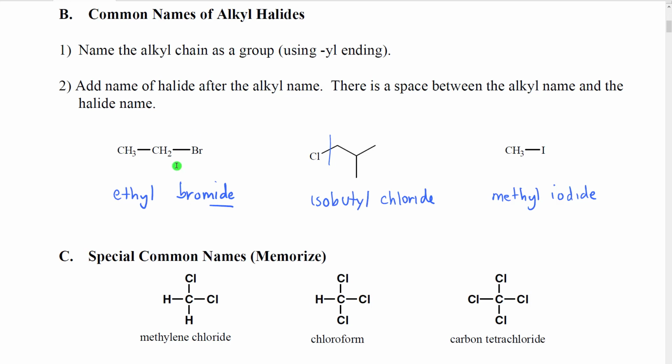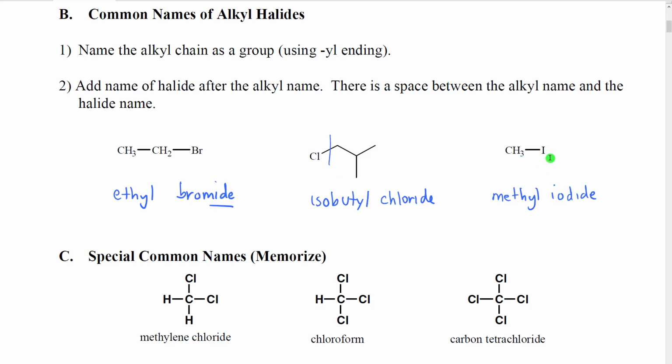So some examples here. Our carbon group has 2 carbons, so it's ETHYL, YL ending, and then we have a bromine, so it's bromide, ethyl bromide. This carbon group has a common name of isobutyl. It's attached to a chlorine, so isobutyl chloride.